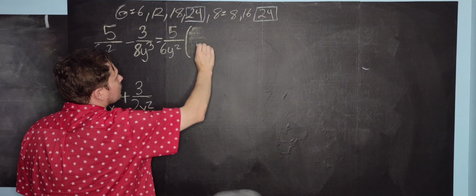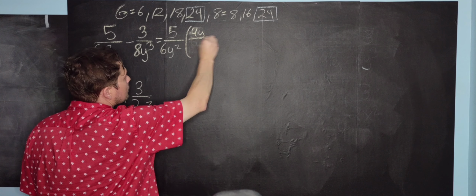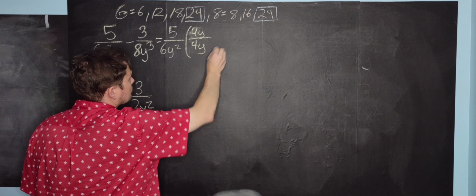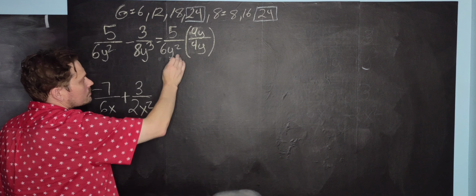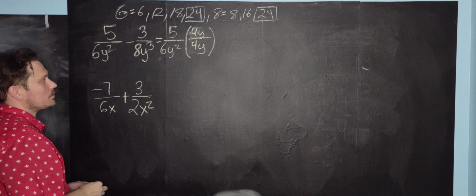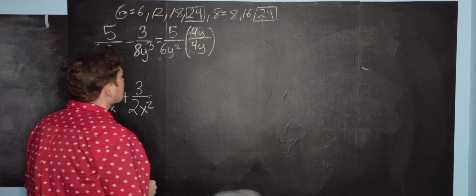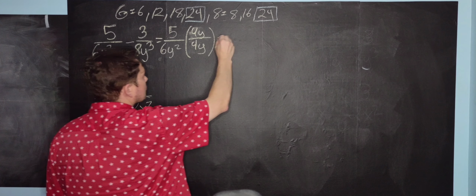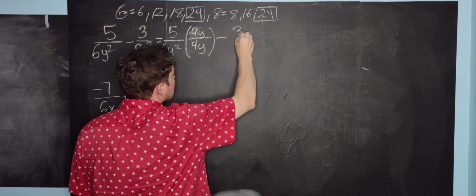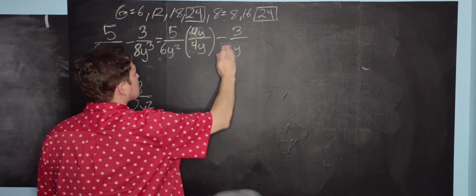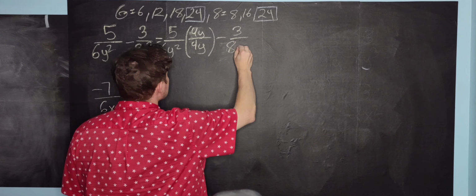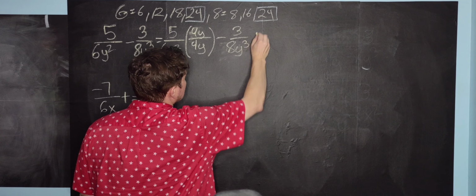So more fully, we're going to have 4y over 4y, like this, because 6 times 4 is 24, y squared times y is y cubed. That will give us the same denominator. All right. Then you're going to look at the next one here. So you're going to do minus 3 over 8y cubed.